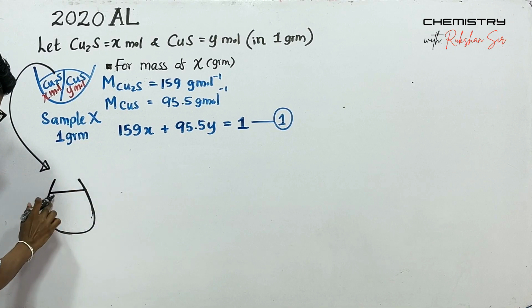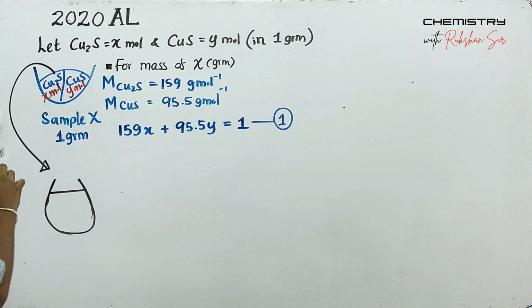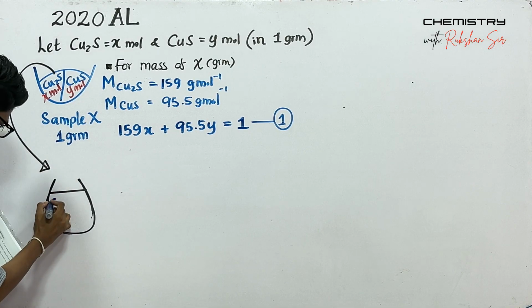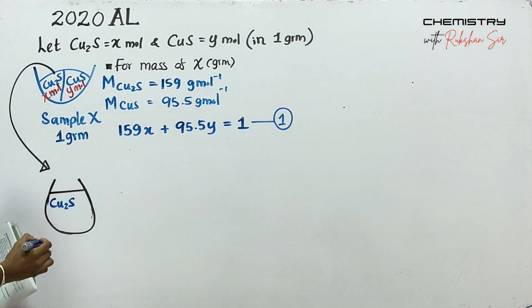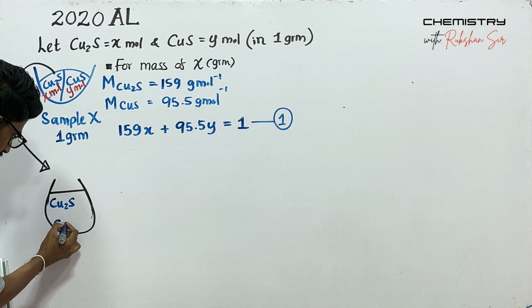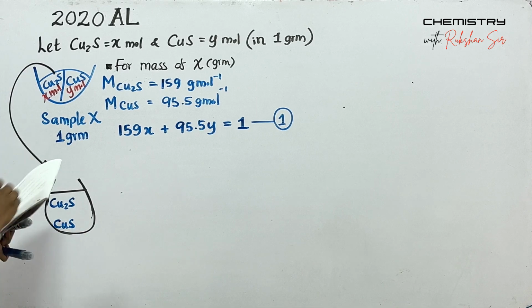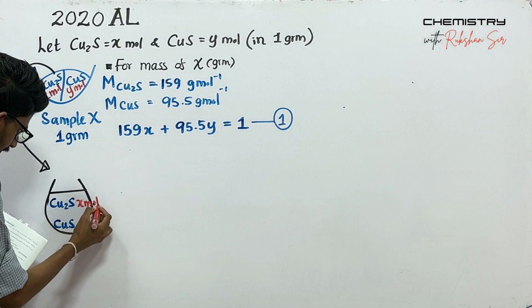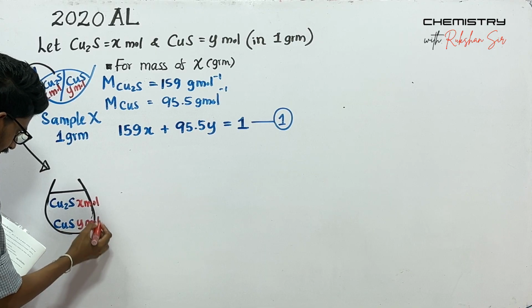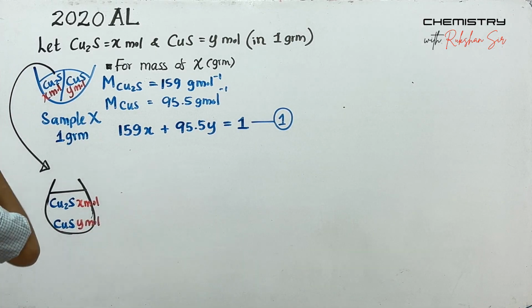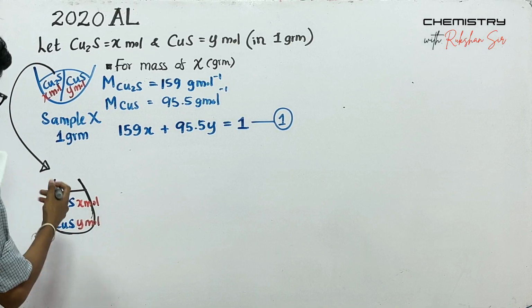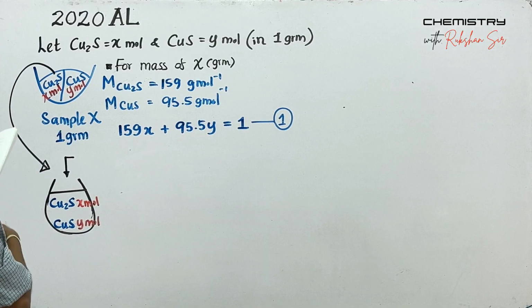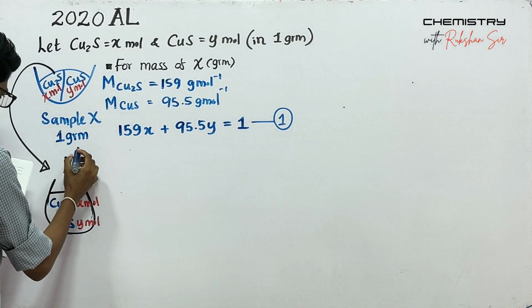So we can come up with it like this. You have the Cu2S in 1 gram and the CuS, with amounts X moles and Y moles. To that, acidic KMnO4 is added. Dilute H2SO4 means acidic medium.